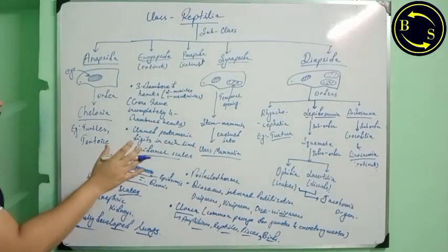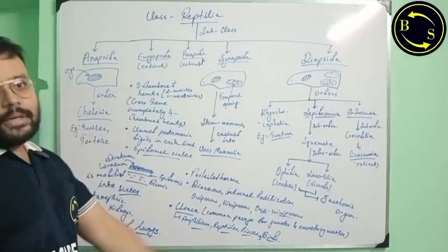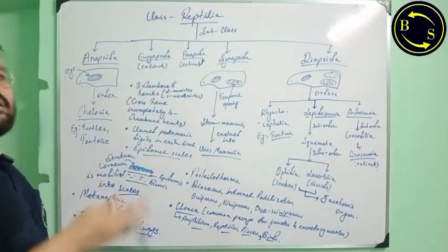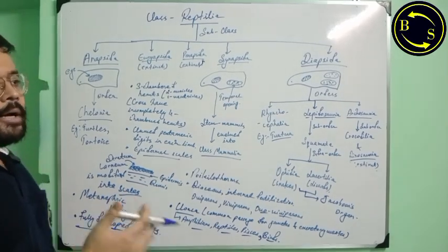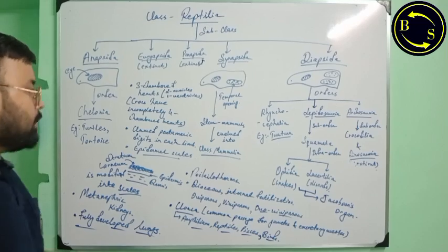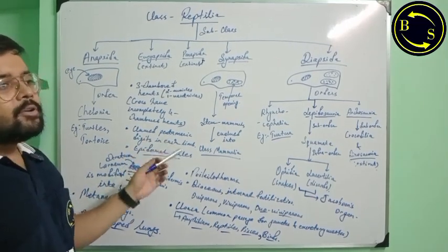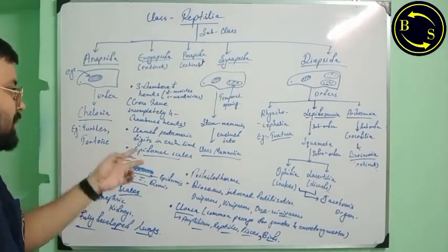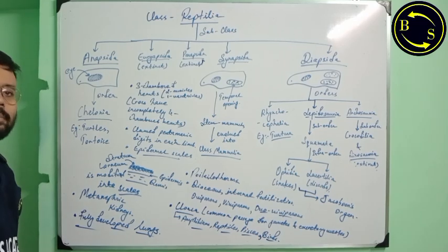In crocodile, it is incompletely four-chambered because the one ventricle is incompletely divided. It has a hole in the interventricular septum, causing the mixing of oxygenated and deoxygenated blood, and that hole is called as the temporal fossa. I'm sorry, not the temporal fossa. That hole is known as the interventricular foramen, which causes mixing of the oxygenated and deoxygenated blood.